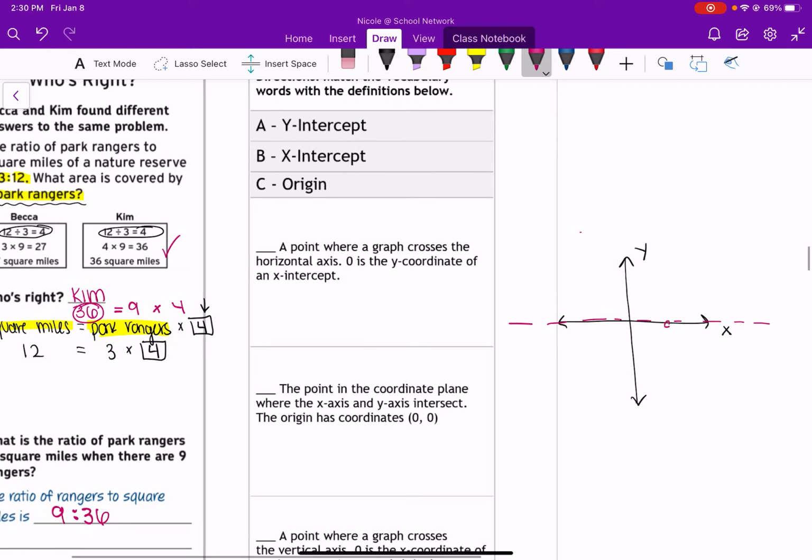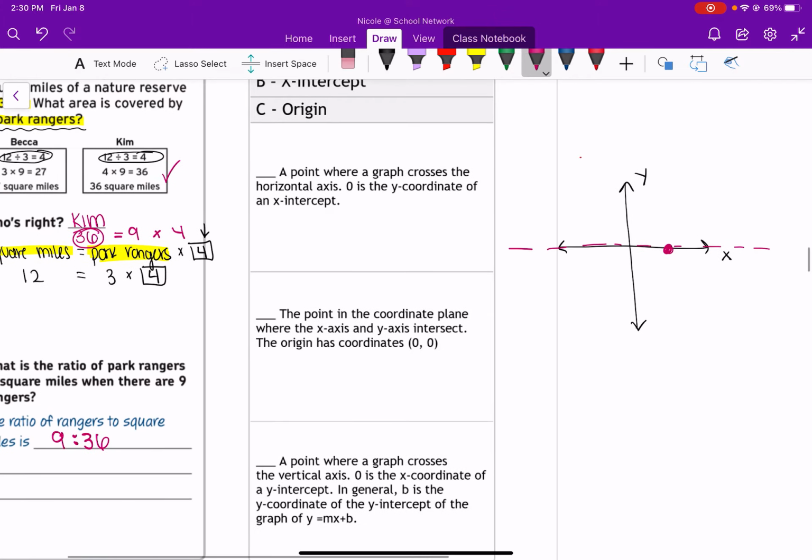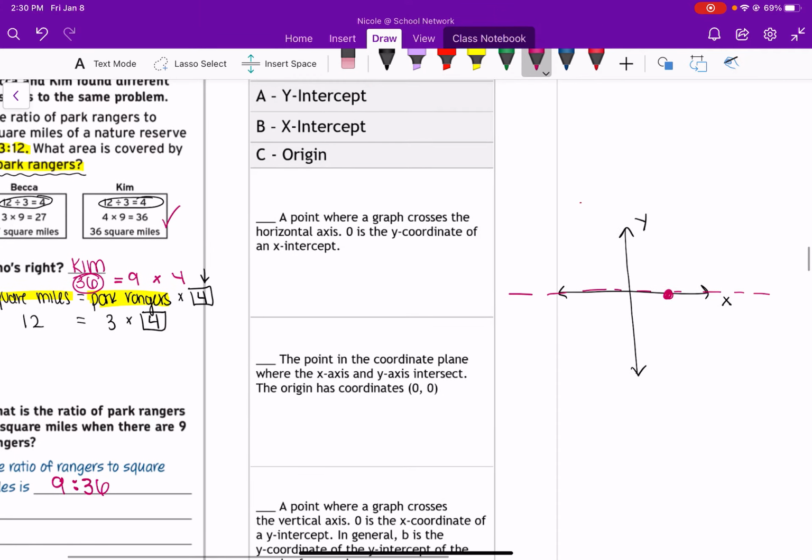It's a point on there. And we call that the x-intercept because it crosses the x-axis. So here, this is B, x-intercept. And the y-coordinate is 0 here. So it's like 3, 0. That is our x-intercept because it intercepts the x-axis, right?